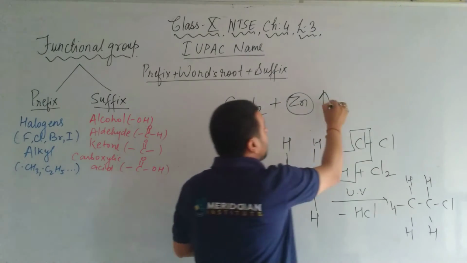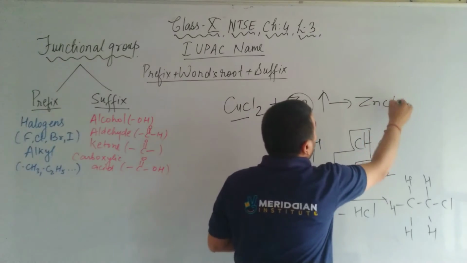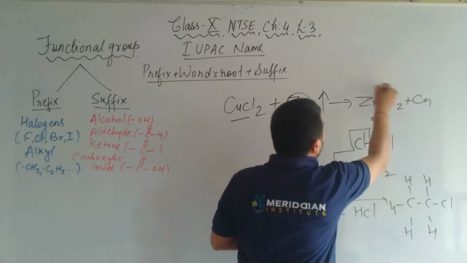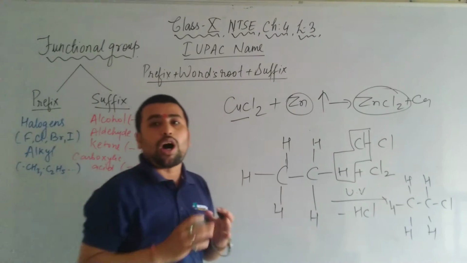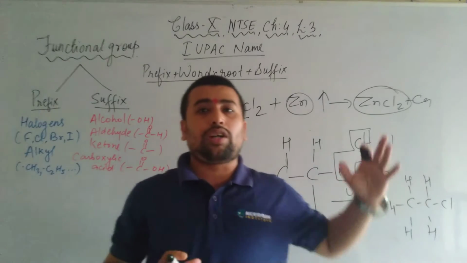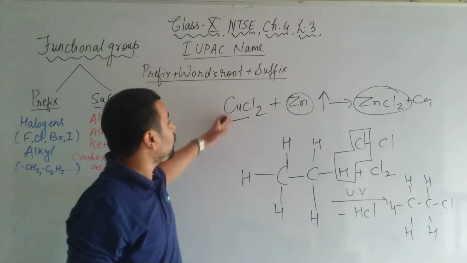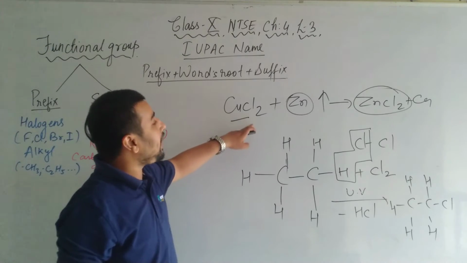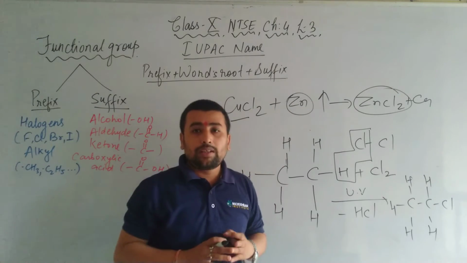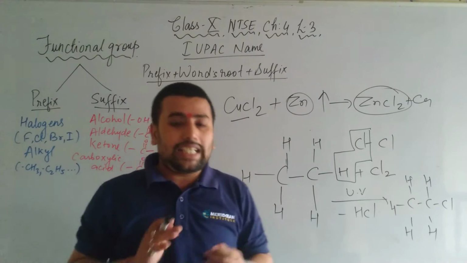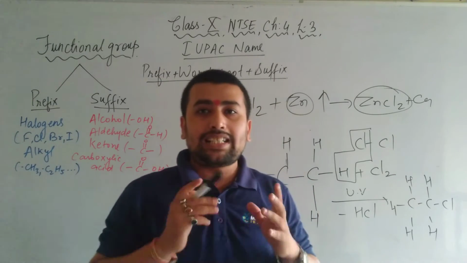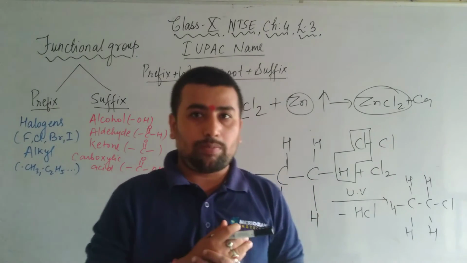So it will become a compound like ZnCl2 and copper will be removed. This type of product is called displacement reaction. You can see here cupric chloride, this chlorine atom has gone towards the zinc. This is because only and only zinc is more reactive than copper.